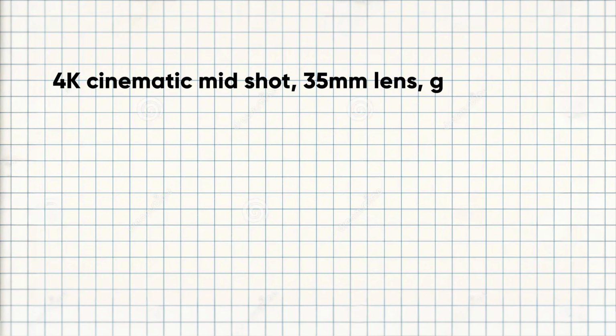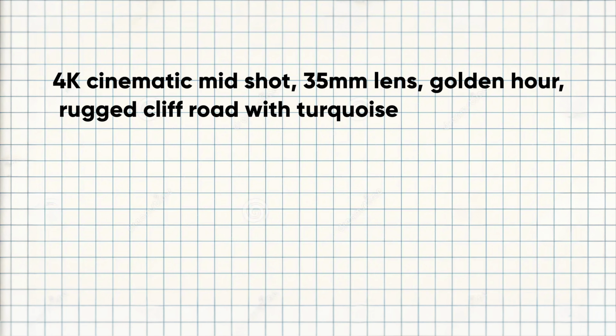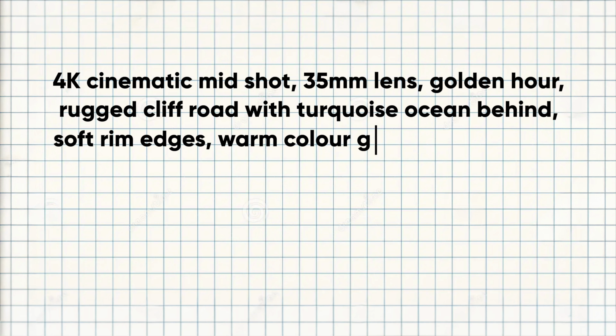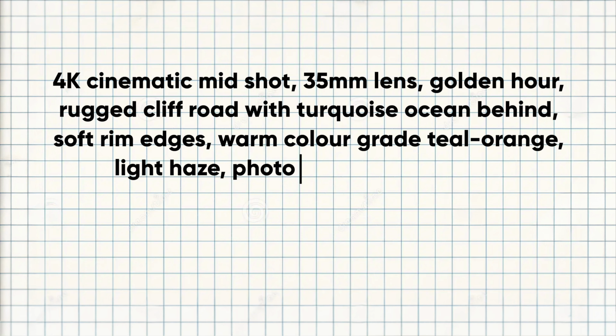Now that's impressive. Next, I wanted to see if Nano Banana Pro can actually render accurate text. And to fully test this out, I decided to put both Hindi and English in my prompt. Now listen to this carefully. I said 4K cinematic mid shot, 35mm lens, golden hour, rugged cliff road with turquoise ocean behind, soft rim edges, warm color grade teal and orange, light haze, photoreal, ultra detailed.